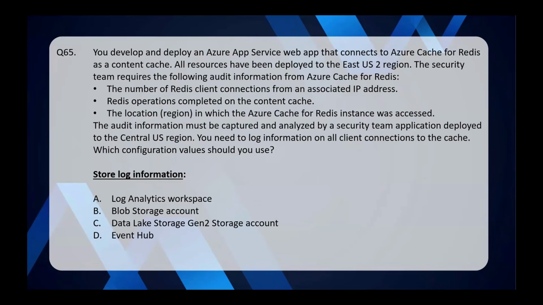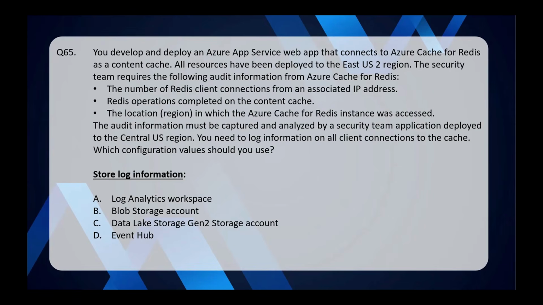Next question. You develop and deploy an Azure App Service web app that connects to Azure Cache for Redis as a content cache. All resources have been deployed to the East US 2 region. The security team requires the following audit information from the Azure Cache for Redis: the number of Redis client connections from an associated IP address, Redis operations completed on the content cache, and the location in which the Azure Cache for Redis instance was accessed.